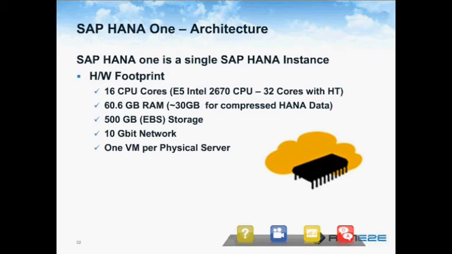You get a 10 gigabyte network, and you get 1 VM per physical server. So what we mean here is there's no one else running on your machine. When you go to Amazon and you get your HANA One, you have a dedicated virtual machine to physical machine relationship. So that's your machine.